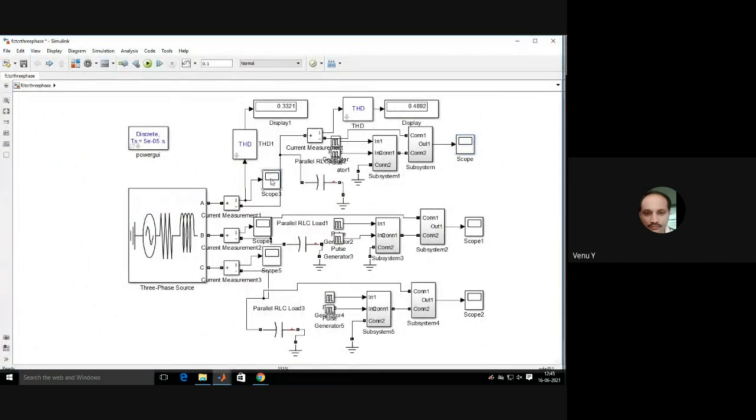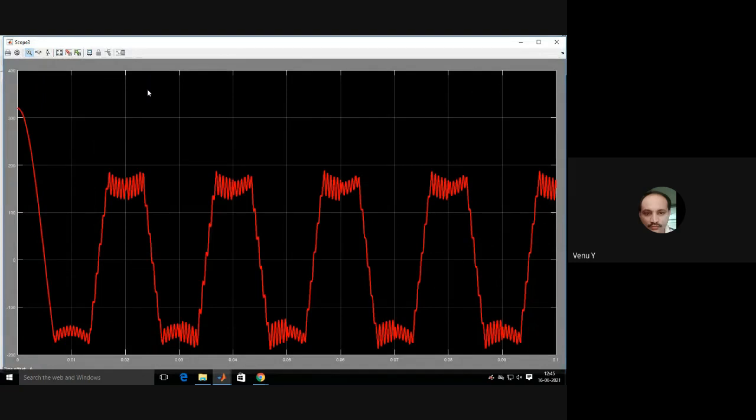And the total current of phase A is like this. You can note down this: IC plus ITCR.